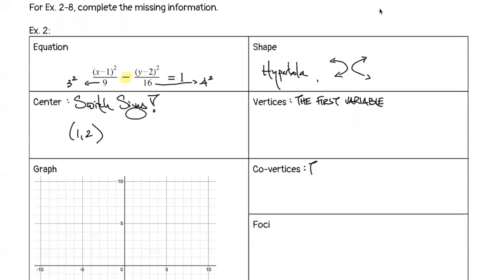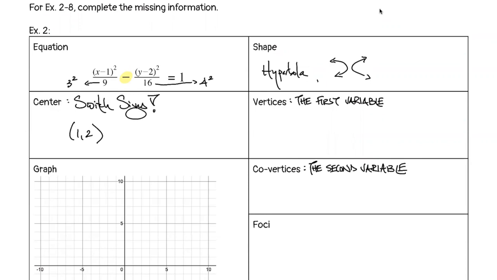The co-vertices will be where the second variable goes. Okay, so in this case, the order matters in so many different ways.